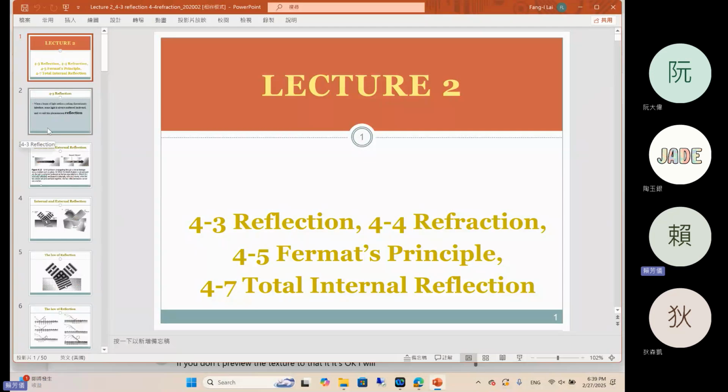I will make some key points to remind you, because for this part of the optics, I think many of you already know the concepts. In this course, in the front part on geometry optics, we just make a quick introduction and some recommendations, and some deeper concepts that may be different from what you have learned before.